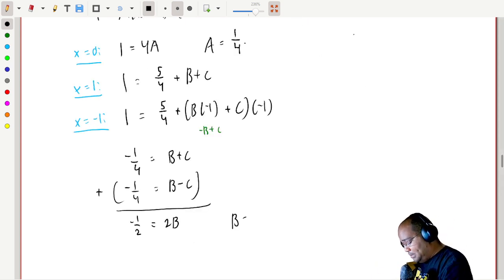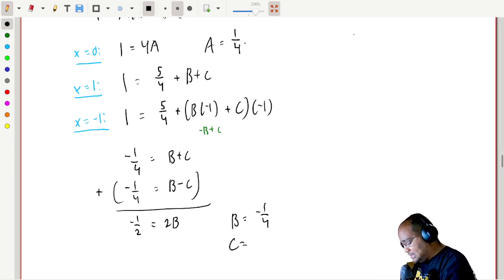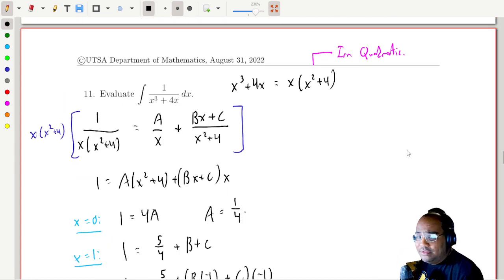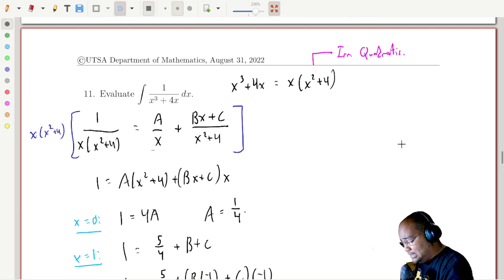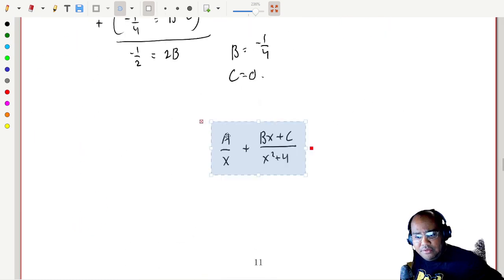We get that b is equal to negative 1/4 after we divide by 2. And then when we plug in, we get that c is equal to 0. Now we have our weights, we have our unknowns, and now we just go ahead and plug back in. We're going to replace this part with everything that we found here.